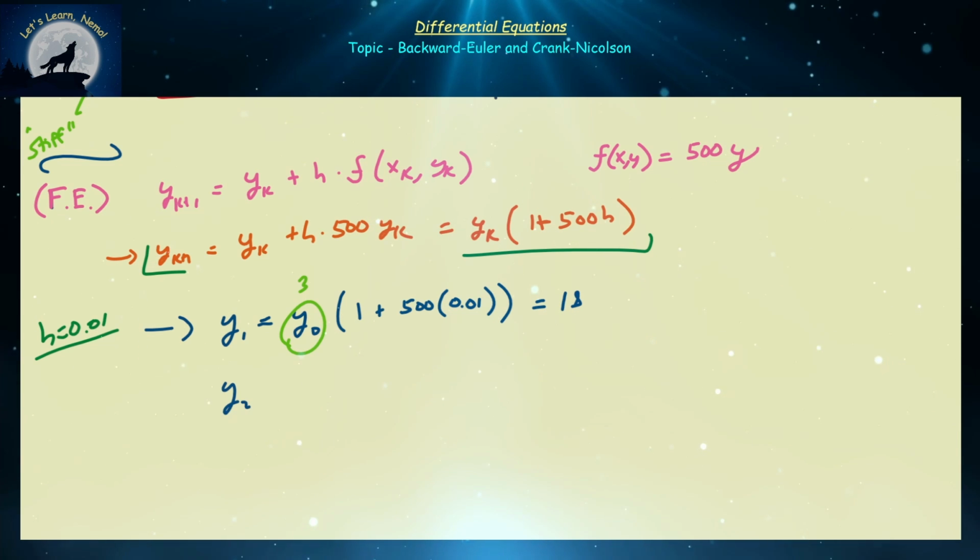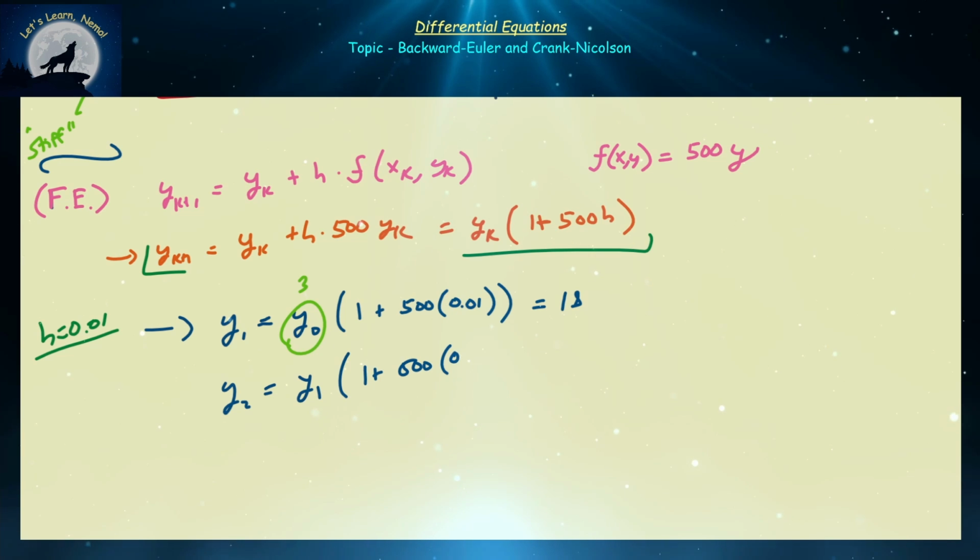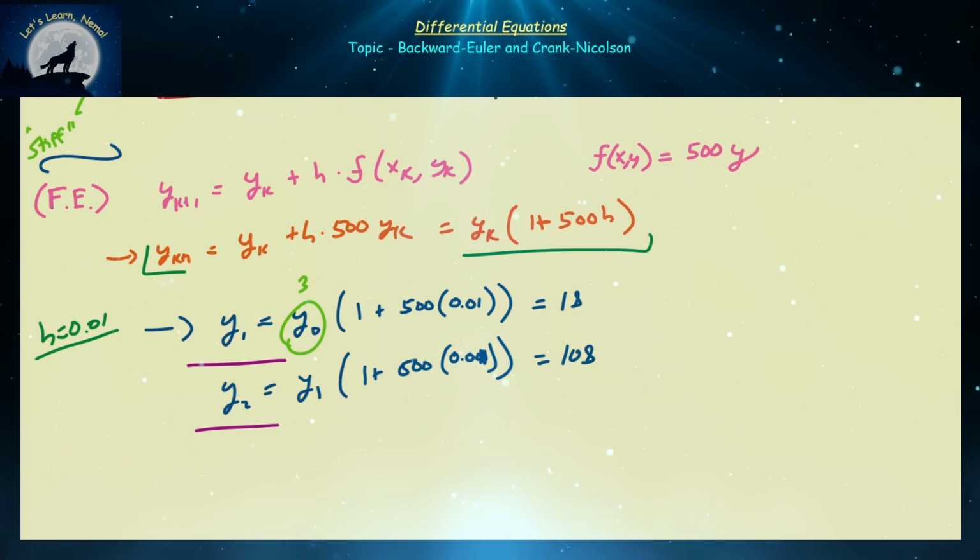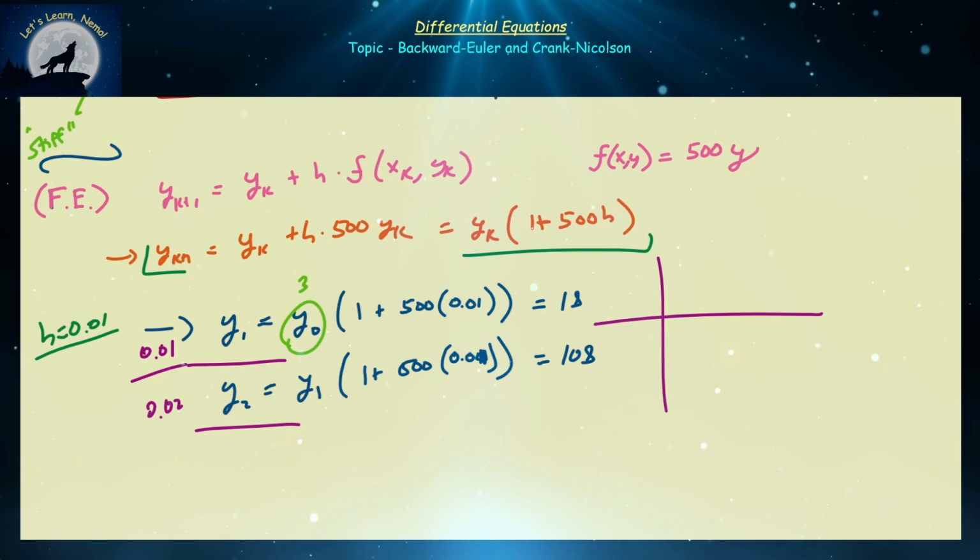If you do y2, that's going to be equal to y1 times 1 plus 500 times 0.01, and that's approximately equal to 108. So if you look at these two solutions, where this is located at t equal to 0.01 and this is located at t equal to 0.02, we can actually look at the exact solution because we know what it is.